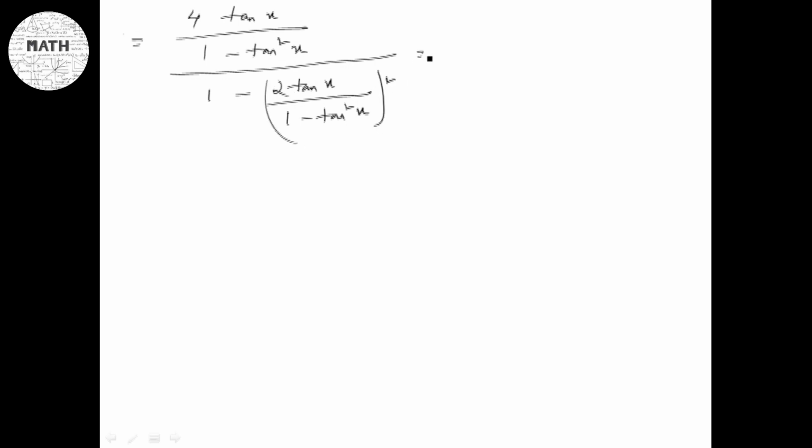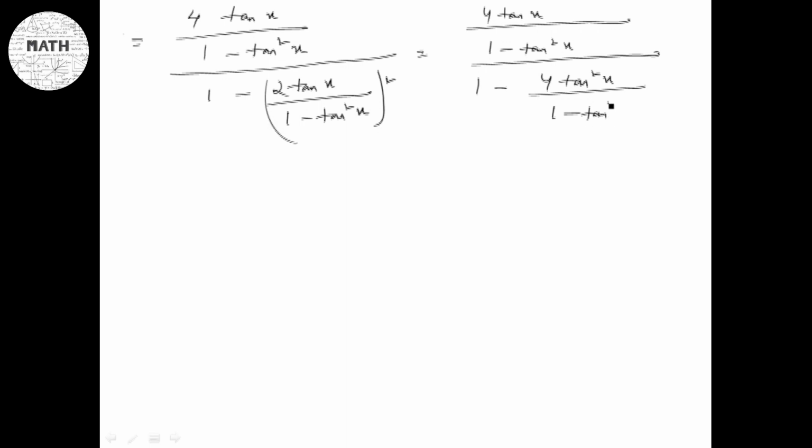So after that, I can say 4 tan x divided by 1 − tan²x, and then something 1 minus 4 tan²x divided by 1 − tan²x the whole thing squared. So that will be 4 tan x divided by 1 − tan²x.